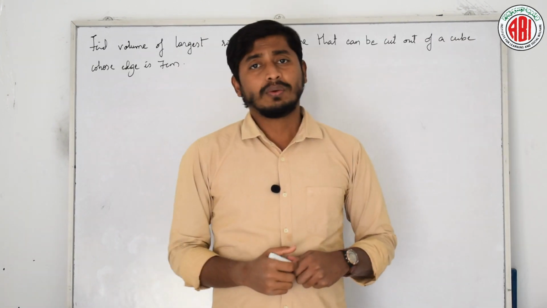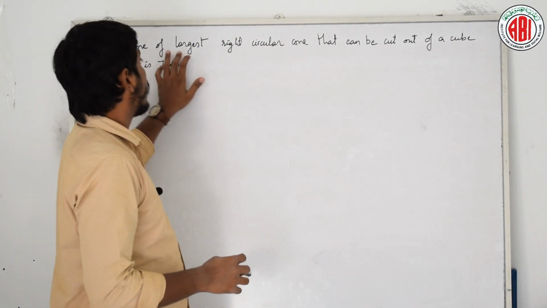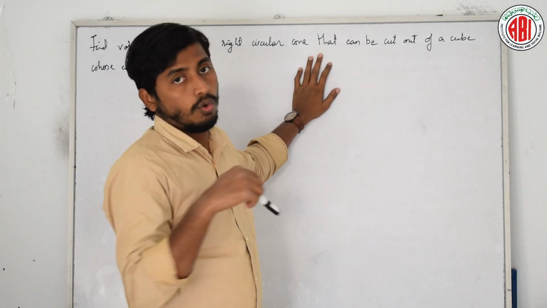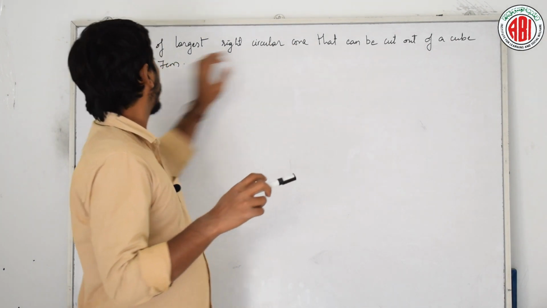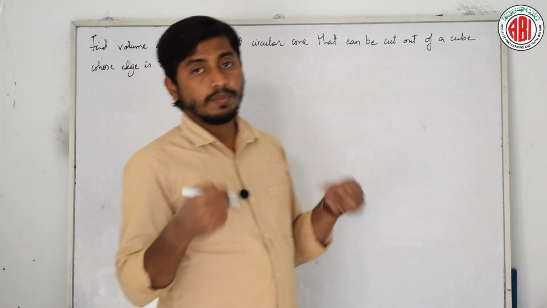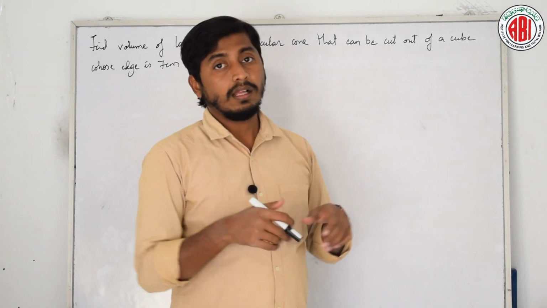Let's do. Look at the next question here. He is asking us to find the volume of the largest right circular cone that can be cut out of a cube whose edge is 7 centimeter. If there is a cube and each edge is 7 centimeter, he is asking us to cut a cone.